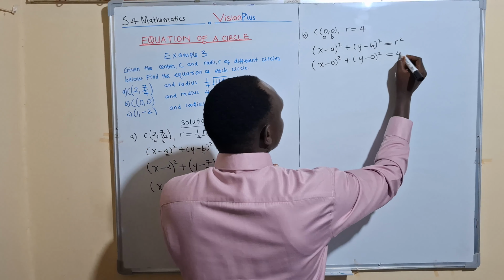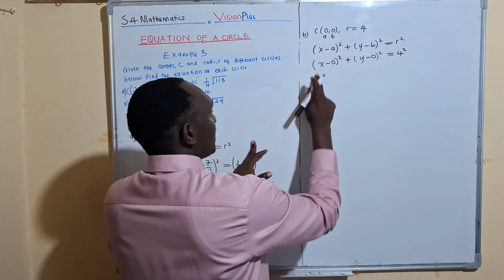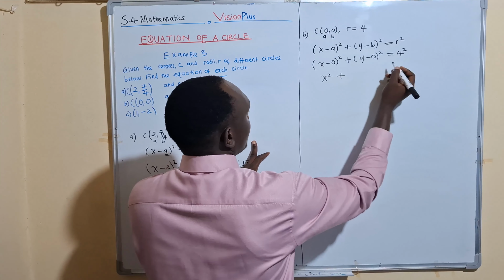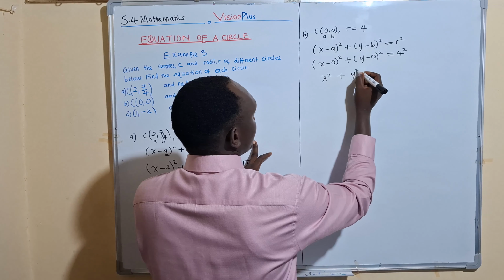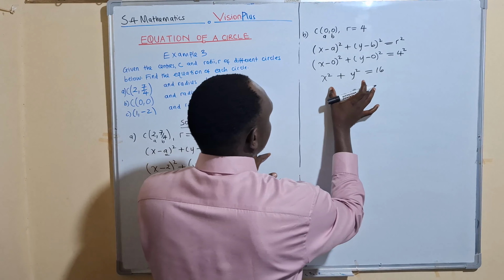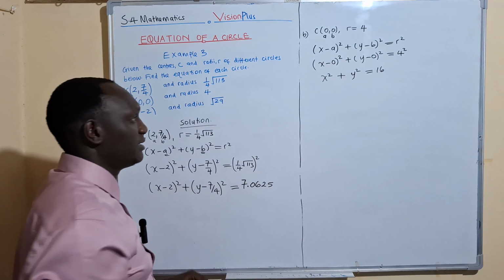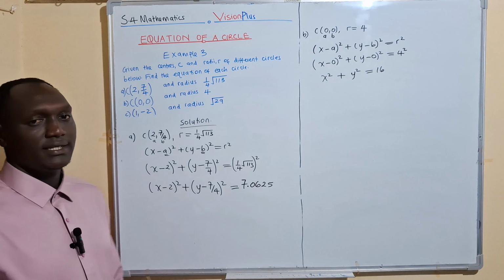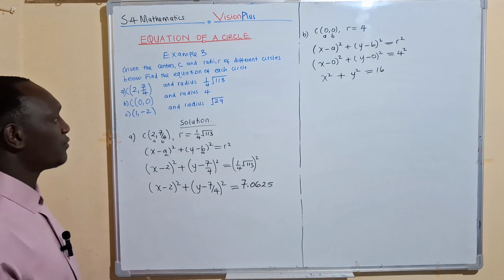What is r? R is 4, squared. X minus 0 is x. Here we shall have x² plus y minus 0 is y. Therefore, y² = 4² is 16. So this is the answer for part B. That is the equation of the circle that is centered at (0, 0) and has a radius of 4 units.